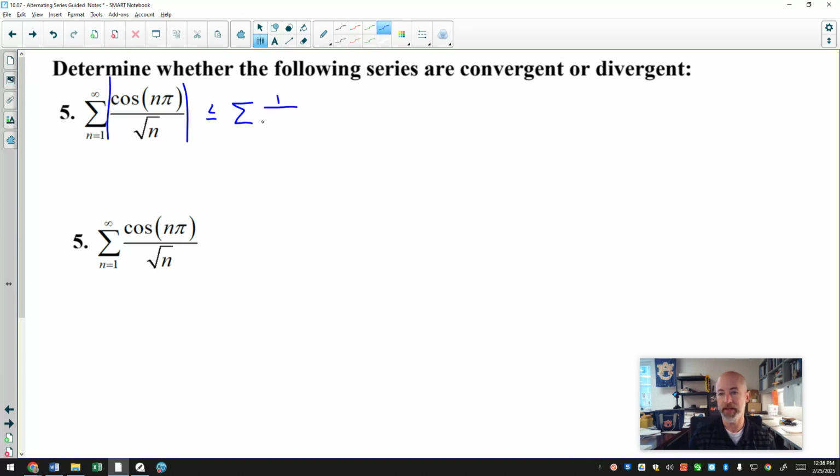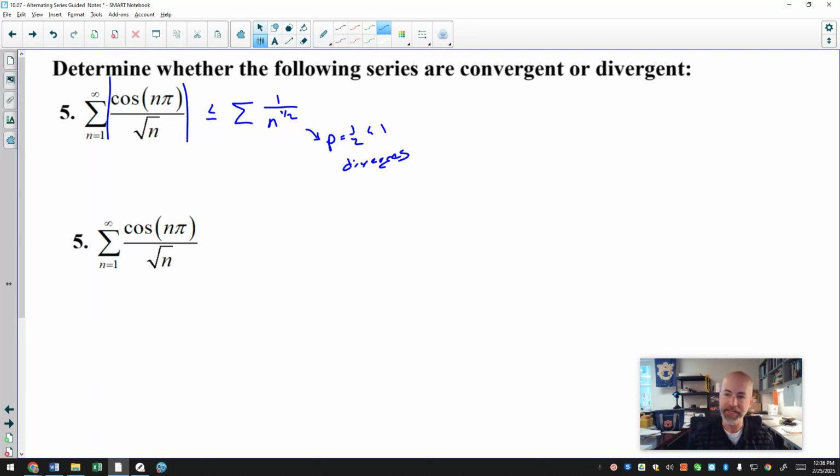And so this would be less than 1 over the square root of n, which is n to the 1/2. The unfortunate thing here is p is 1/2. That's less than 1, which means the series I'm comparing to diverges. And if you're less than a divergent series, that's inconclusive. So it's worth thinking about the absolute value approach, but sometimes it's inconclusive, and that happens here.